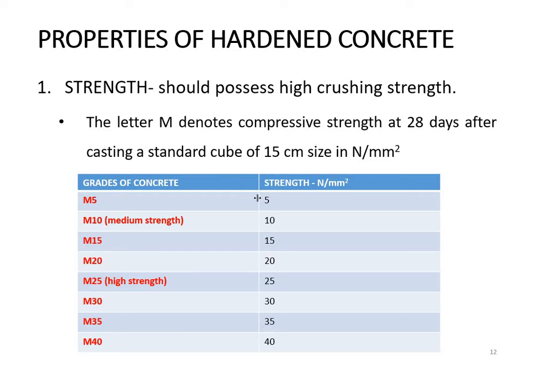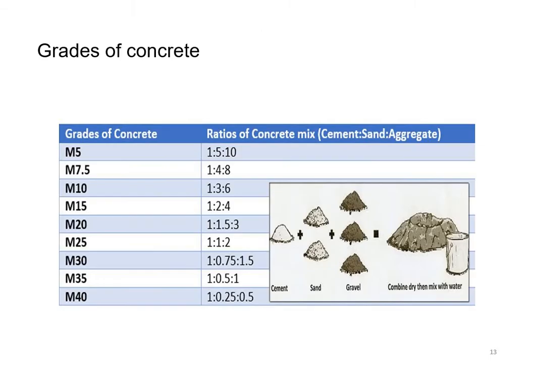If it is M5, it should give a compressive strength of 5 Newton per mm square. M10 should give a value of 10 Newton per mm square. It goes like that. Now what is the combination, the constituents of this M5? How much cement, how much sand, and how much coarse aggregate do you need to select? It depends. It varies for different grades.